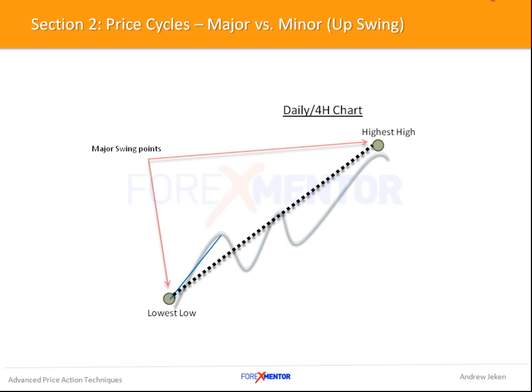If we follow price through the minor cycles, you can see we have a swing high, followed by a higher swing low, followed by a higher swing high, followed by a higher swing low.